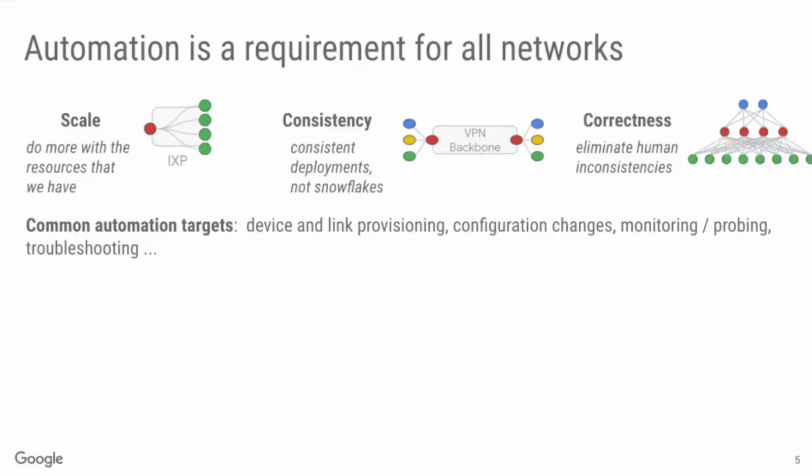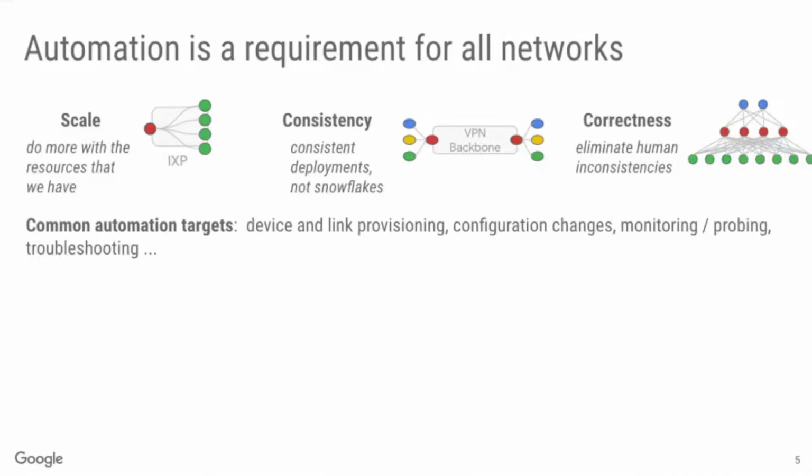Being able to deploy and stamp out designs and configurations in a consistent way to avoid introducing snowflakes into the network is another key motivation for automation. And then, of course, well-programmed automation typically makes fewer mistakes than human engineers do. So the correctness of repeated actions and so on can be improved through automation.